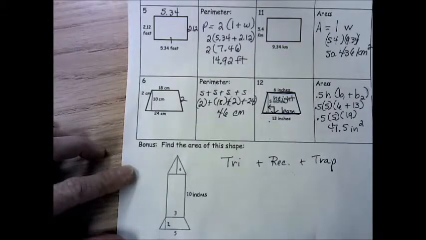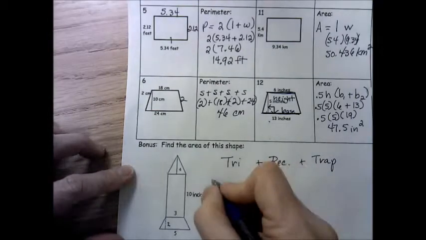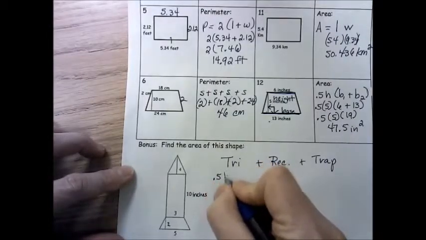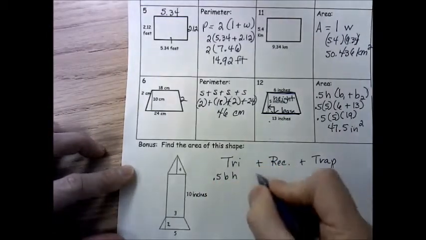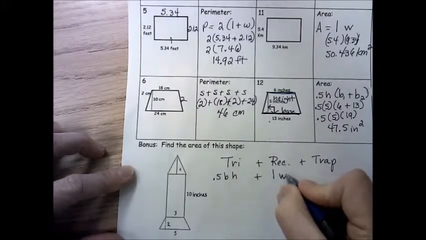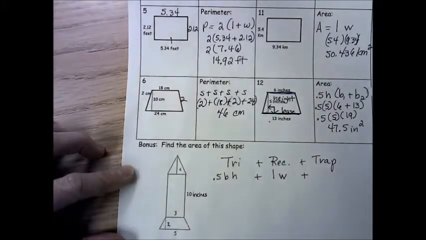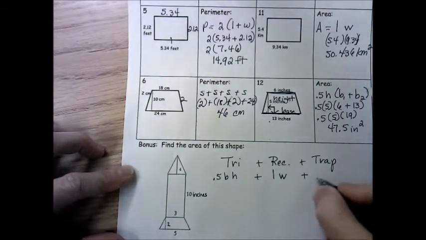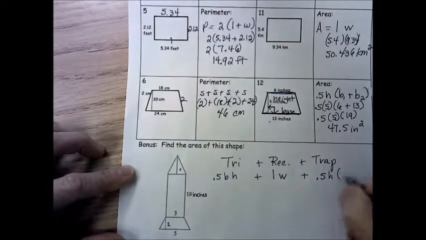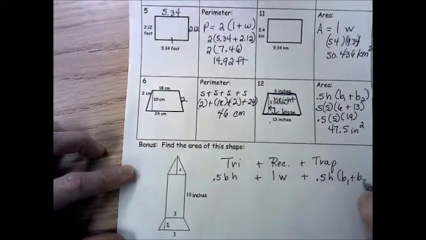So the easiest thing to do is to first write the formulas for each of those shapes. So a triangle is 1/2 the base times the height. Rectangle is length times width. And a trapezoid formula is 1/2 the height, base 1 plus base 2.